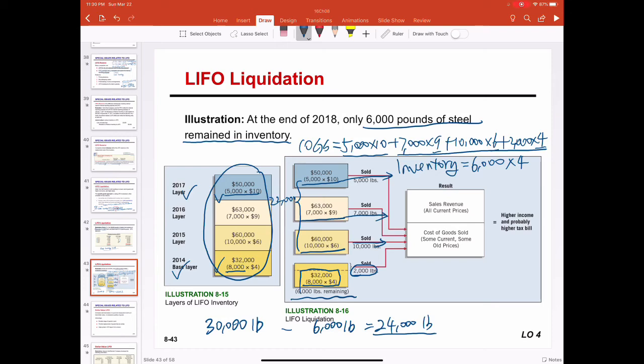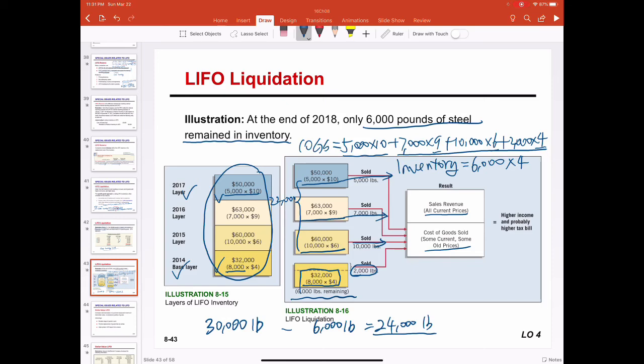Although these steels are from different layers of years, they are all steel. They have the same market price. When they were sold, they all sold at the same price, but the costs are different. Some are $10, some $9, some are $6, some are $4.